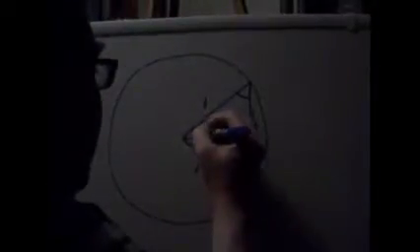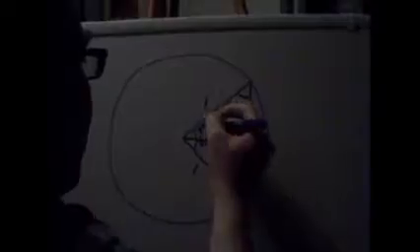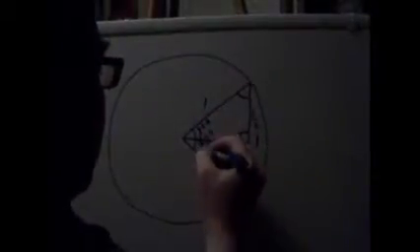Now the size of this angle right here did not change, nor did this one here. They're both still 60 degrees. However, because we split this particular 60-degree angle in half, we now have 2 30-degree angles, like this. That looks about right. Okay.